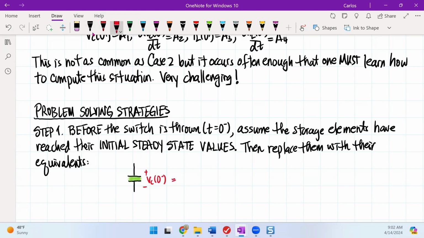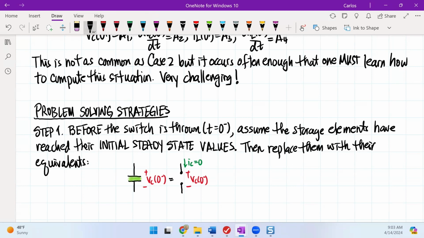And we could then replace it with its equivalent. In other words, it behaves like an open. So it retains this voltage, but we know for a fact that the current here is 0.